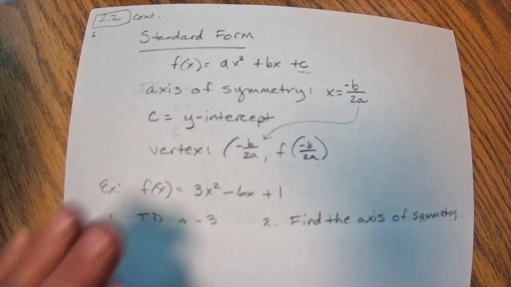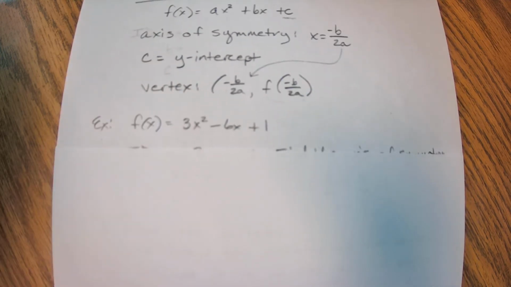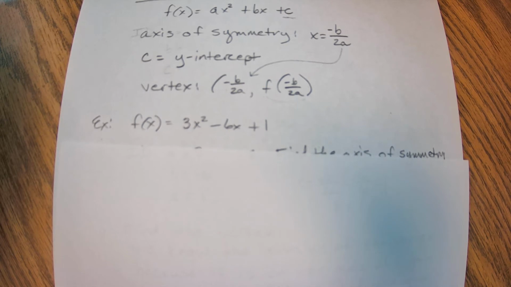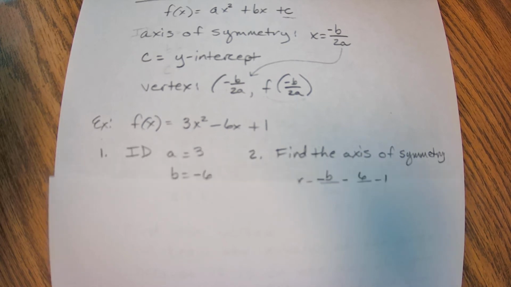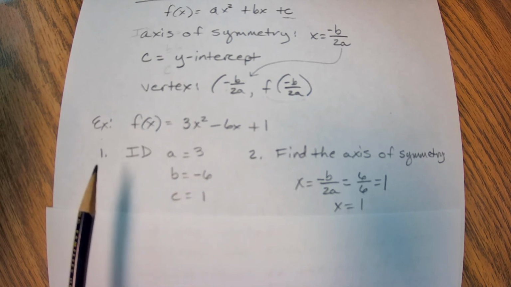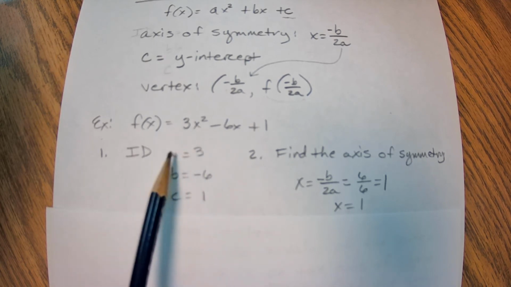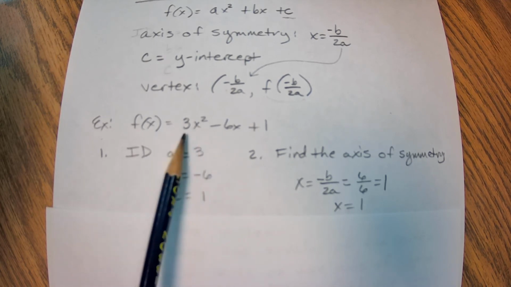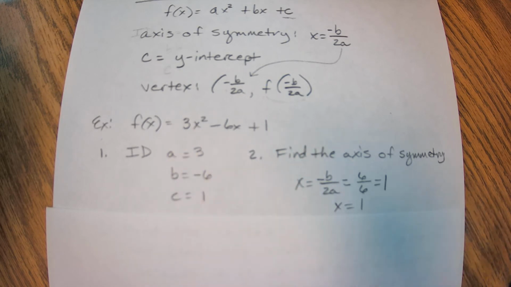So let's do an example. And let's say we have f(x) = 3x^2 - 6x + 1. So the first thing you're going to do, and you're going to follow these steps every time, is identify a, b, and c. In this case, a is 3, b is negative 6, and c is 1. And then we're going to find the axis of symmetry.